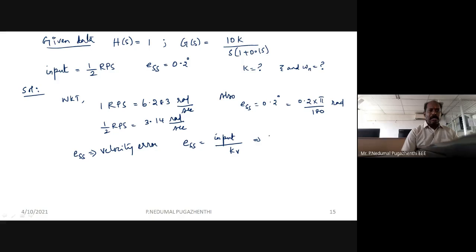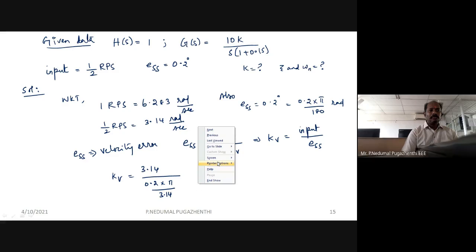So from this formula, I can write Kv is equal to, we don't know what Kv is, but we know what ESS is. So with steady state error, I change it: input divided by ESS. What is the input? Input is 3.14. So Kv is equal to 3.14, that's the input, divided by the steady state error in terms of radians, which is going to be 0.2 into pi divided by 180, not 3.14.